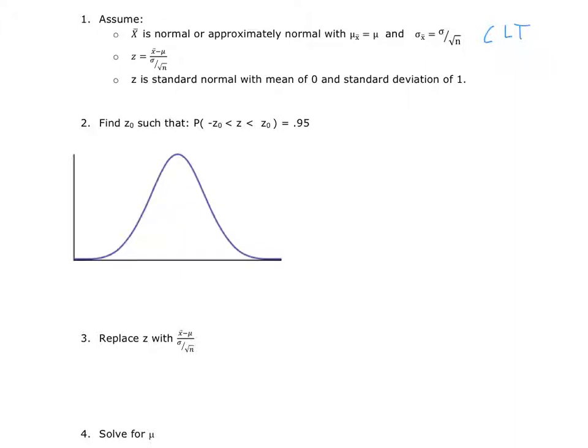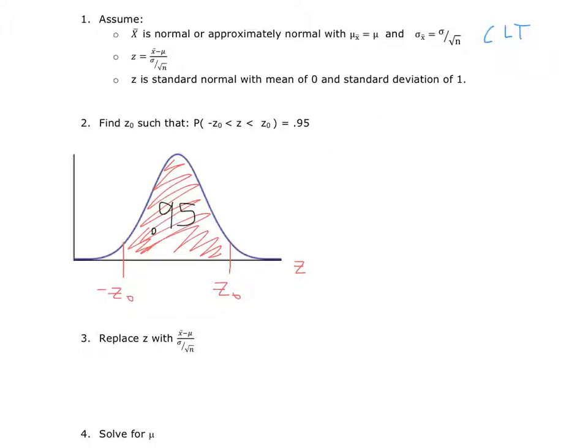So if I look at that on the density curve, if this is our z density curve, we are wanting to have these values such that the area in between is 0.95.